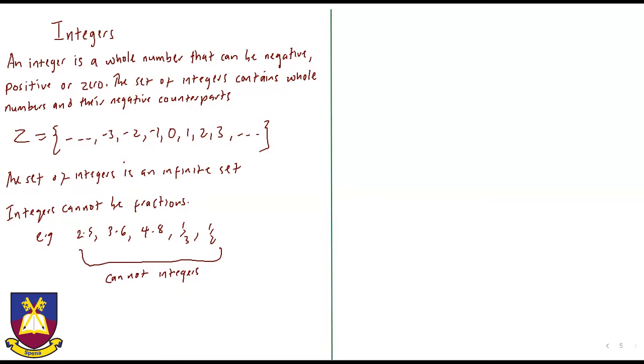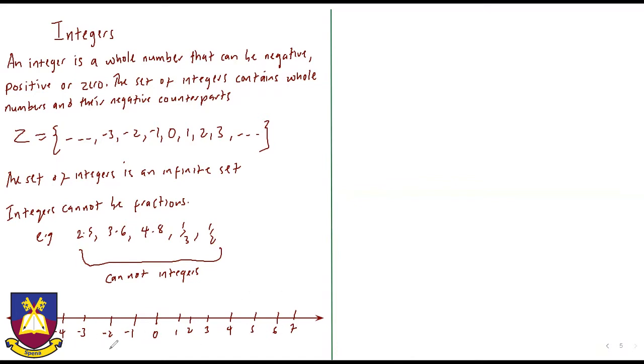Let's represent integers on a number line and see how they would look. So if this was my number line, then of course we know the middle point is 0. On this side we have positives, 1, 2, 3, 4, 5, 6, 7, and so on. On this side we have negatives, -1, -2, -3, -4, -5, and so on.